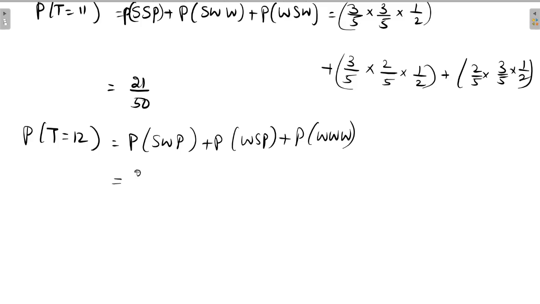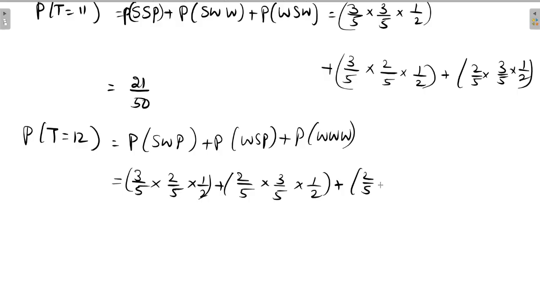So this is 3 by 5 times 2 by 5 times 1 by 2 plus 2 by 5 times 3 by 5 times 1 by 2 plus 2 by 5 times 2 by 5 times 1 by 2, which is equal to, this simplified value is 8 by 25.